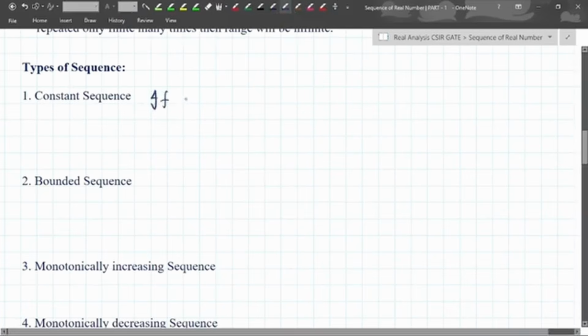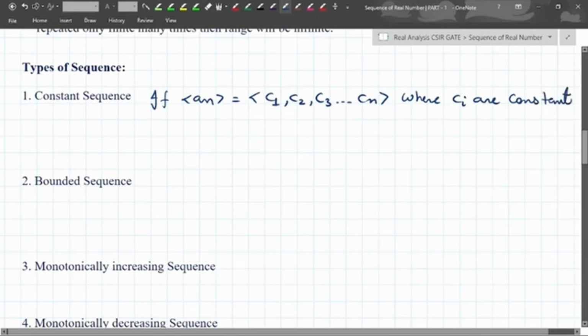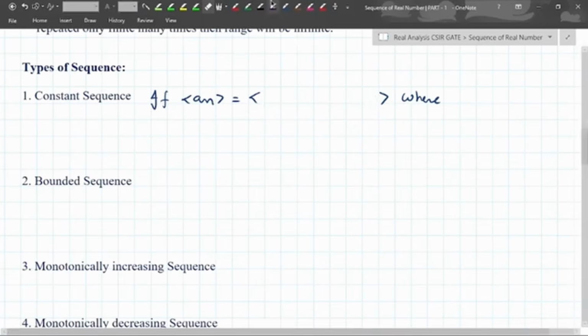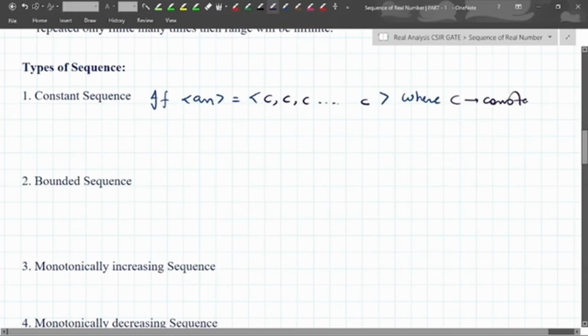If you have any sequence an like this, for example, C, C, C up to C, where C is a constant.